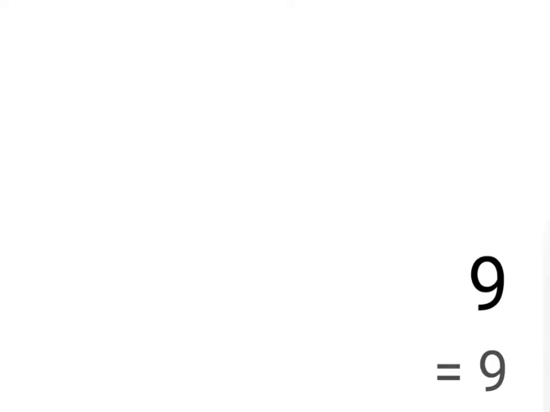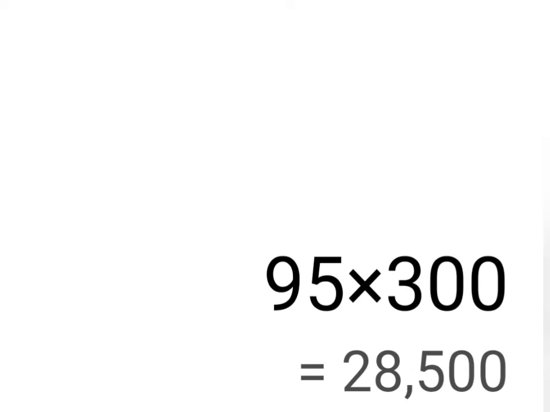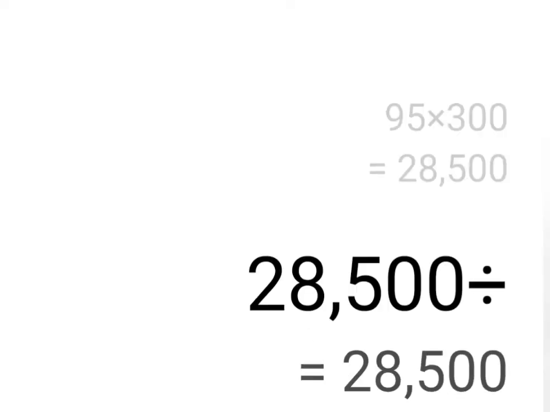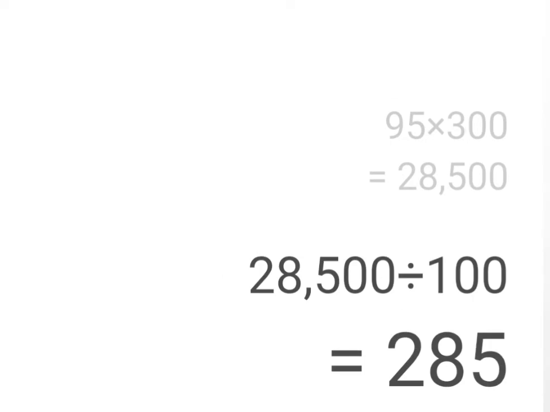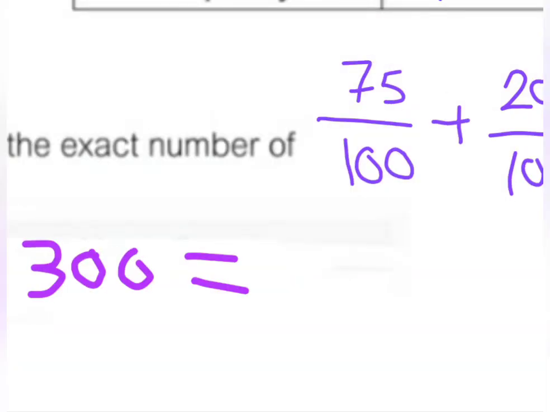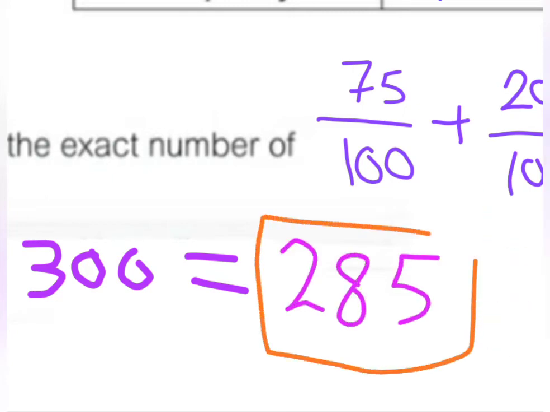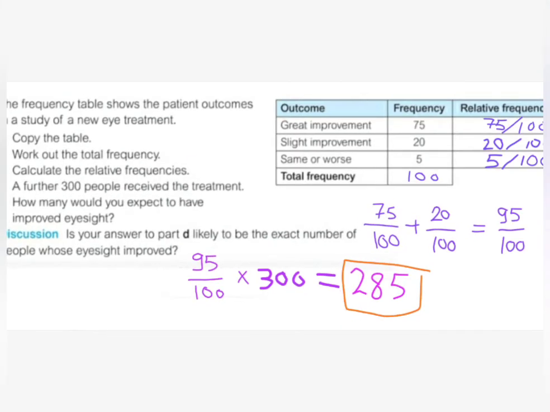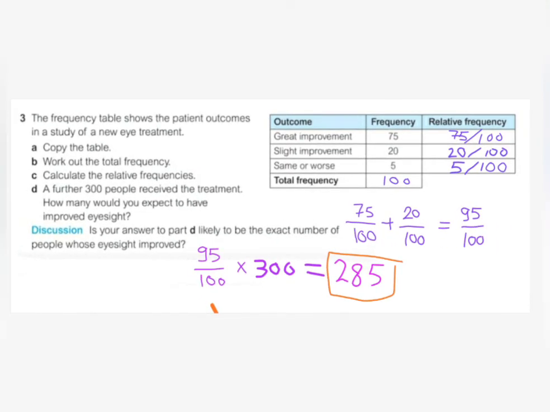So 95 multiplied by 300 and then divide by 100 equals 285. Now let's go back. So the answer is 285. This is the number of people that we expect to have improvement out of 300 people. And this is the answer for question D.